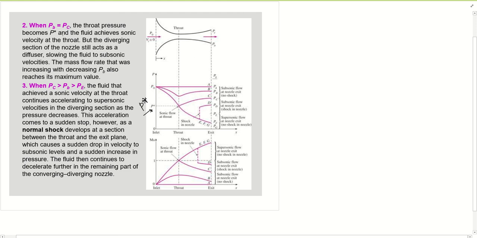The throat pressure becomes P critical, P star, and the fluid achieves sonic velocity. Since it is now at P star, the velocity is sonic, but the diverging section of the nozzle still acts as a diffuser, slowing the fluid to subsonic velocities. The mass flow rate that was increasing with decreasing PB also reaches its maximum value. This is the choke condition, where the mass flow rate reaches its maximum value.